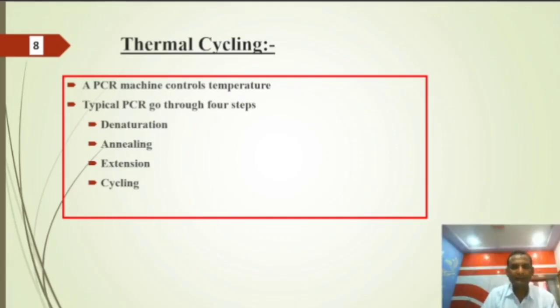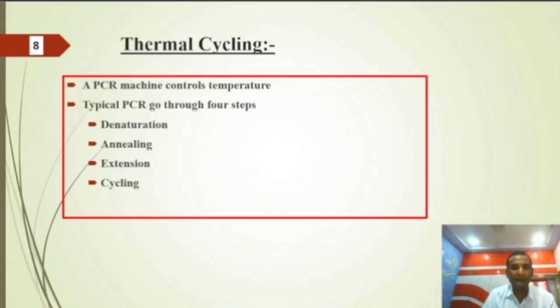Next, PCR machine is also called thermal cycler. The activity undergone in the PCR machine is called thermal cycling. A PCR machine controls the temperature during the process of thermal cycling.